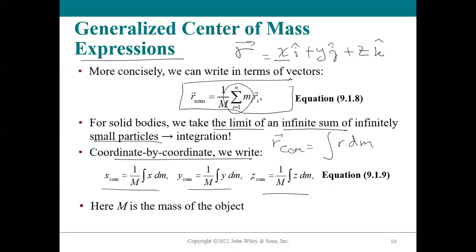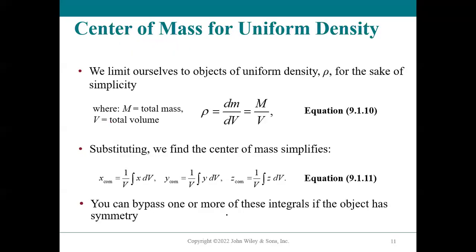And here M, or capital M, is the mass of the object. And for the center of mass for uniform density, it means that the density of the body is the same.